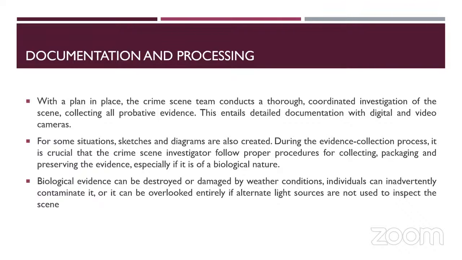So numbering those evidences, labeling them, and packaging them in completely airtight sealed packages, and then taking them for further analysis to the FSLs is really important. And then from the FSL, again, preserving that evidence until the trial comes to an end is again an important process.